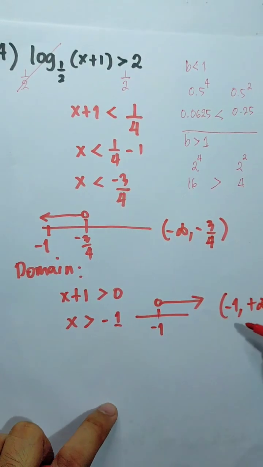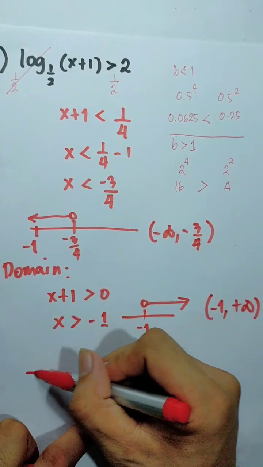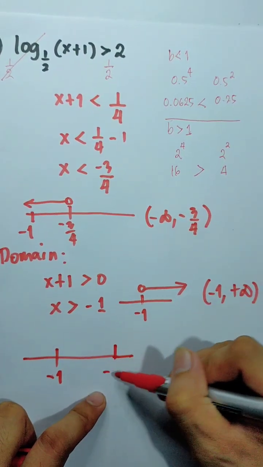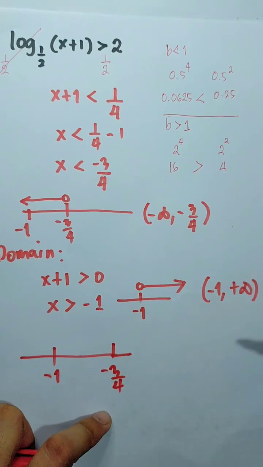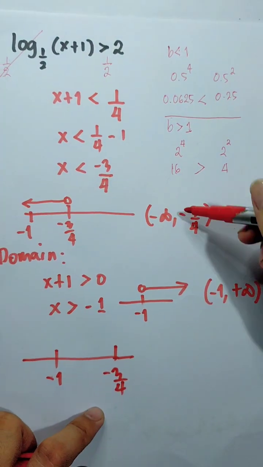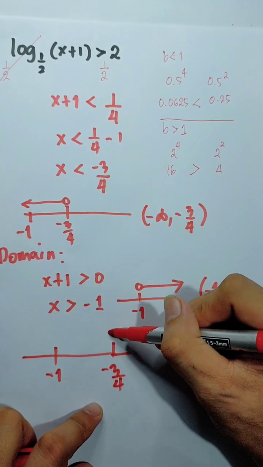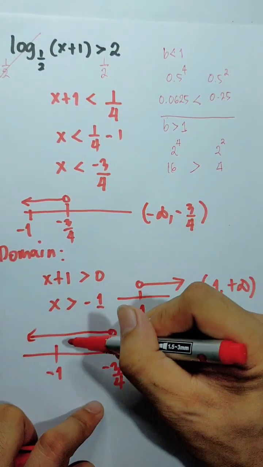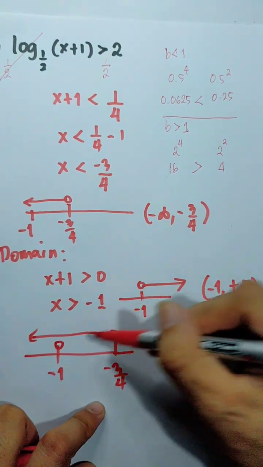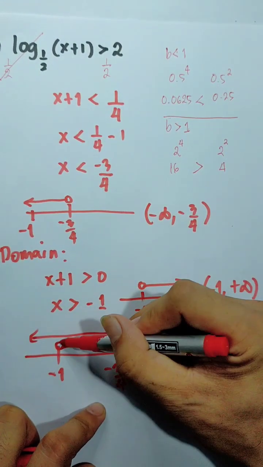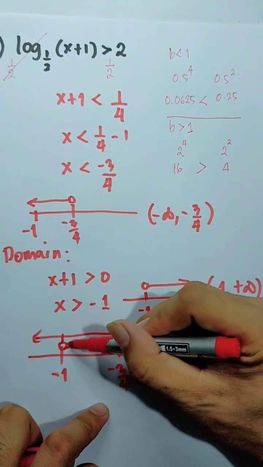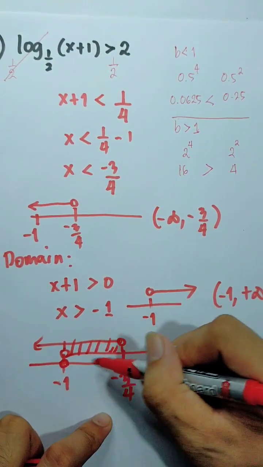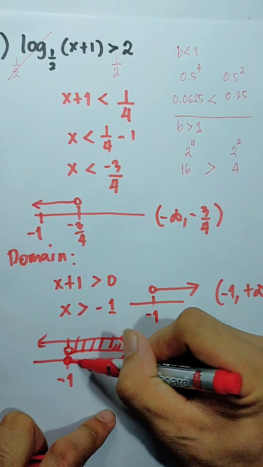Let's combine these two intervals together. We have -1 here and -3/4. So this one, -3/4, going to the left, and then from -1 going to the right. So their intersection, or their common points here, starts from -1 to -3/4.